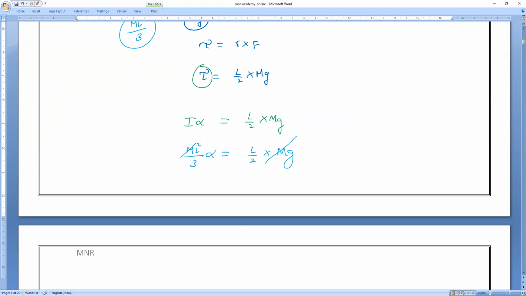L squared and L will get cancelled, so alpha equals 3g divided by 2L. That's all. Solve it.